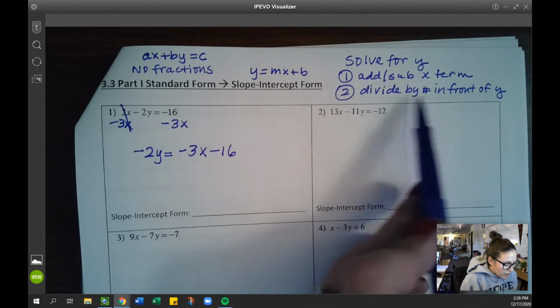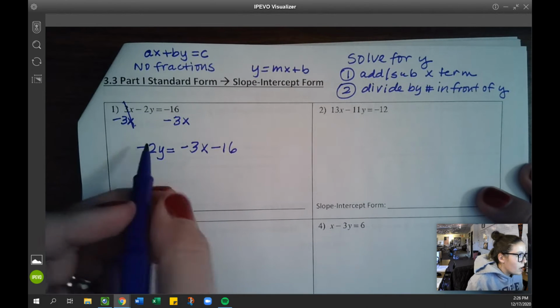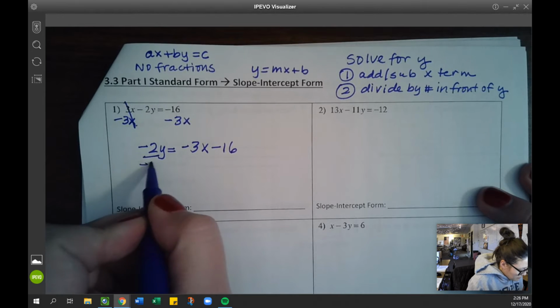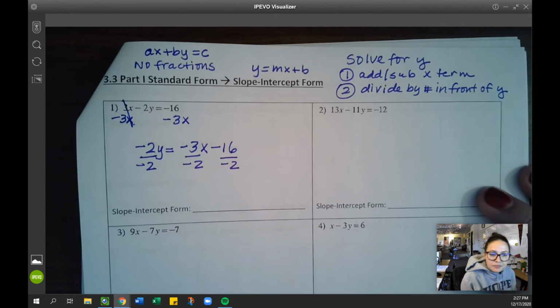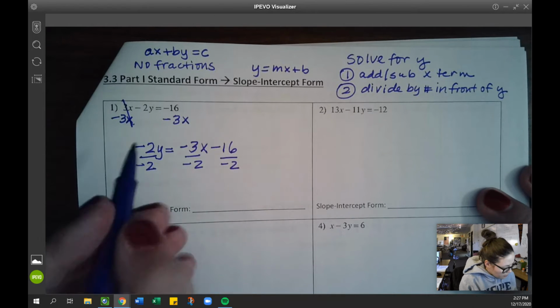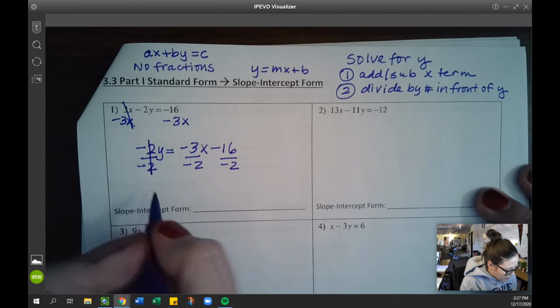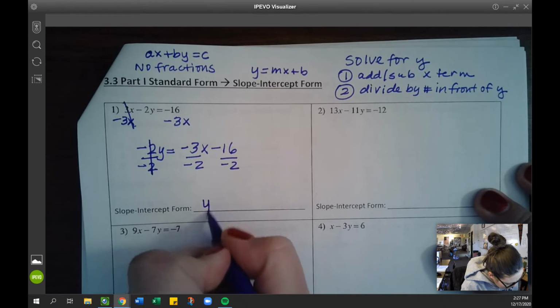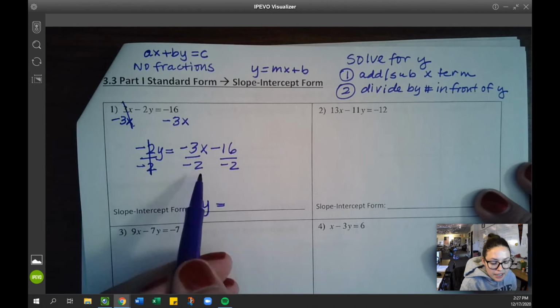Second step is to divide by the number in front of y. So I have negative 2y. To get y alone, I'm going to divide everything by negative 2. That one's out. That's just 1, so I have y. Now, I can't do 3 divided by 2 evenly.